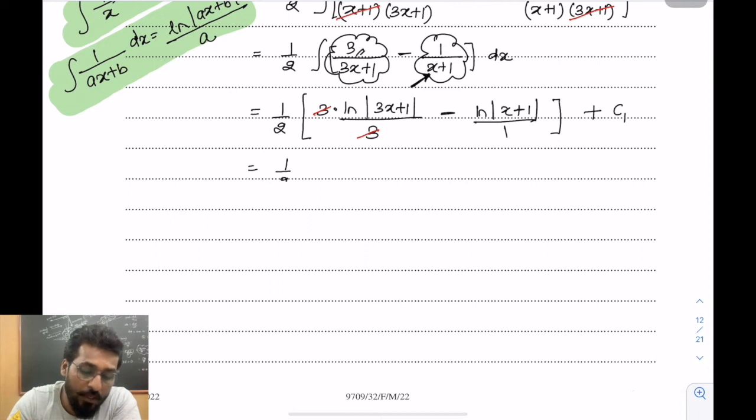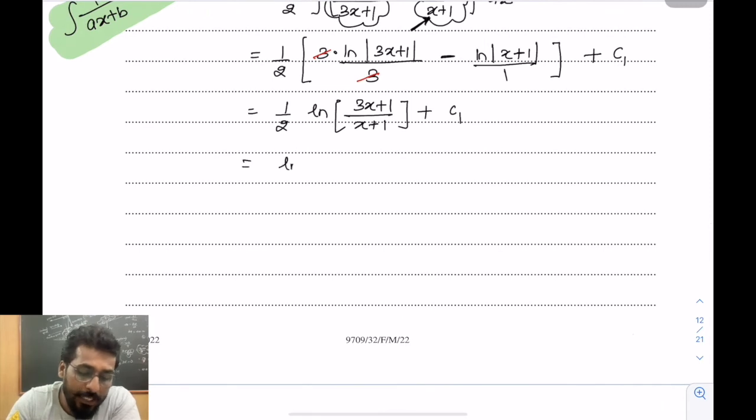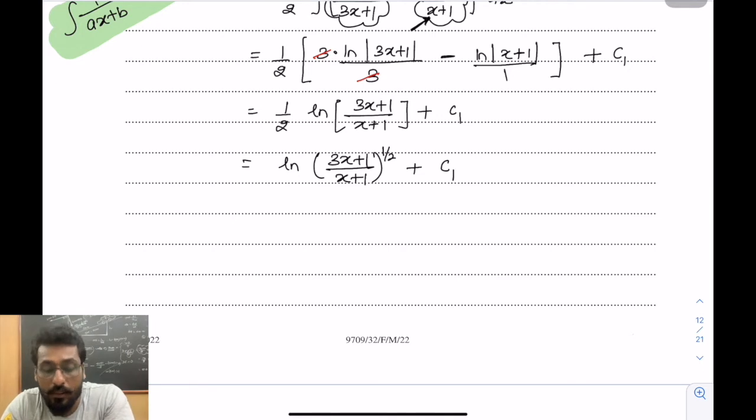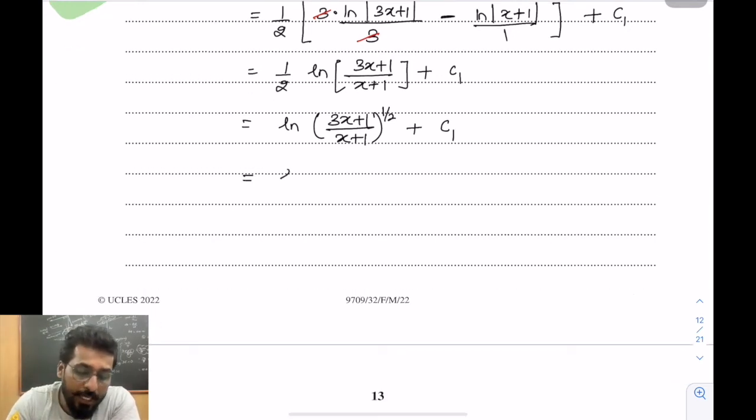So I have 1 upon 2 ln of 3x plus 1 divided by x plus 1, plus c1, or I can write this as ln of 3x plus 1 divided by x plus 1, raised to half, plus c1. Or I can call it ln of under root of 3x plus 1 divided by x plus 1, plus c1. Right, students?